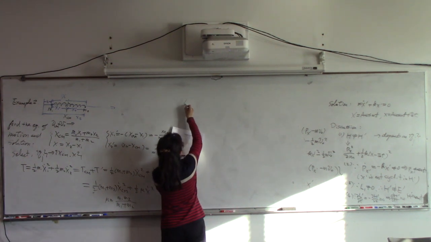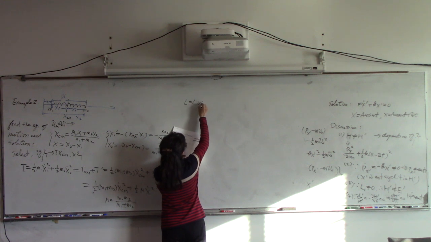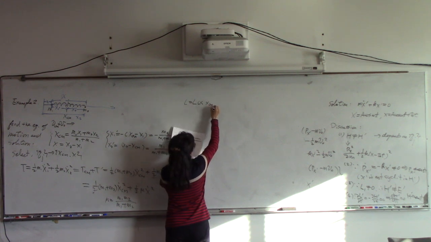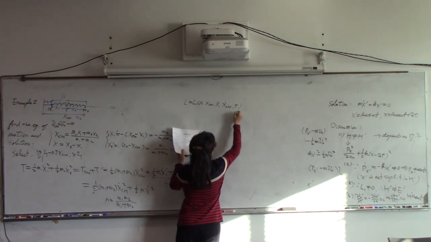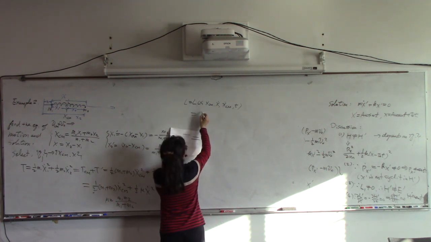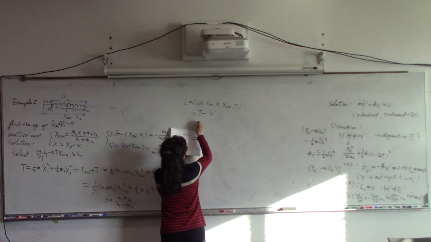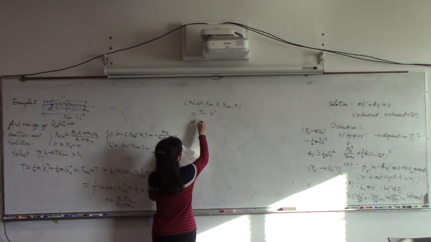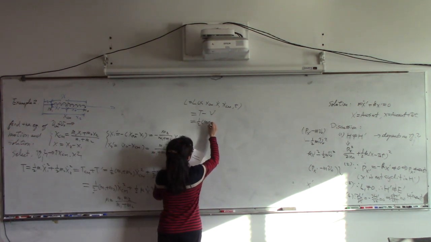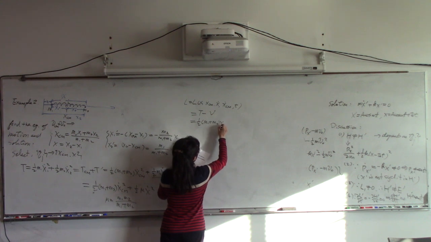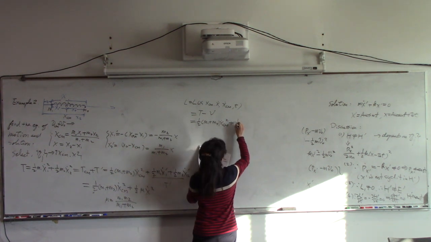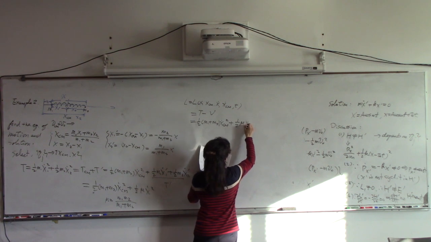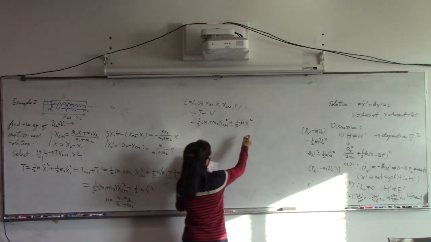Then the Lagrangian is a function of x, xcm, x dot, xcm dot, t, right? That is kinetic energy minus potential energy. Kinetic energy we already wrote down here: half of M xcm dot squared for the center of mass, plus half of the reduced mass times x dot squared, and the potential.